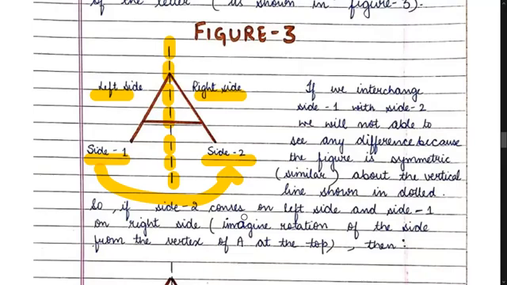That is, the figure is similar about the vertical line shown in dotted.